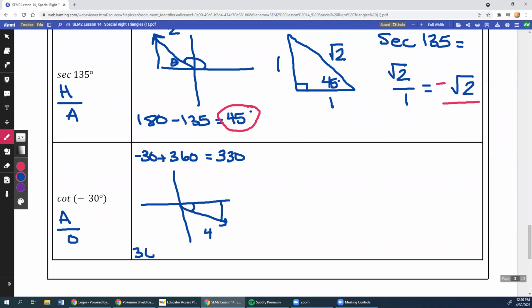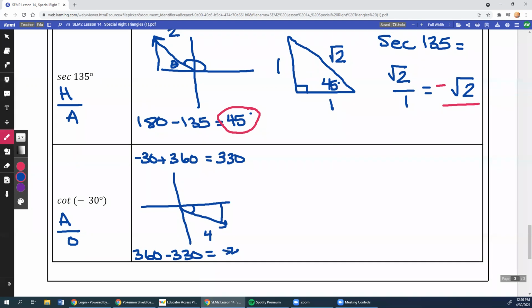So 360 minus 330 is 30 degrees. So that is our reference angle.